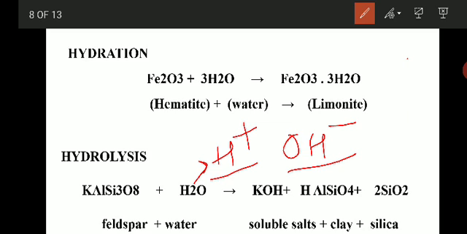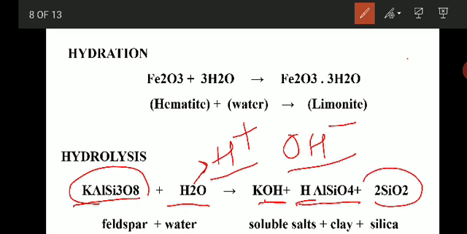So hydrogen, that is H plus ions, actually replaces the positive ion in the mineral. Here in the reaction you can see this is a feldspar, that is KAlSi3O8. When it reacts with water, that is H plus and OH minus, the H plus and OH minus have split and combined with the mineral, giving rise to new minerals: KOH is a soluble salt, then HAlSiO4 is a clay, and this is silica or quartz, 2SiO2.